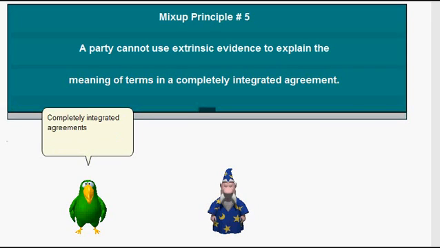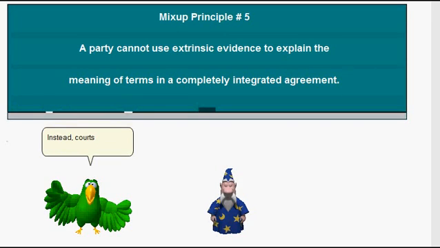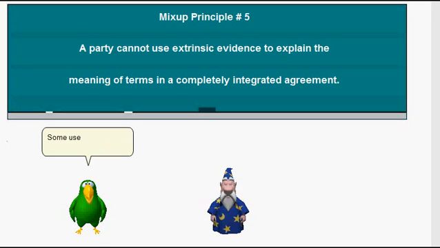Completely integrated agreements discharge all prior agreements within their scope. But complete integration does not affect use of extrinsic evidence to show the meaning of terms. Instead, courts use other tests for that issue. Some use the plain meaning rule. Others use the more modern intent rule. That's what we learned in class, isn't it?